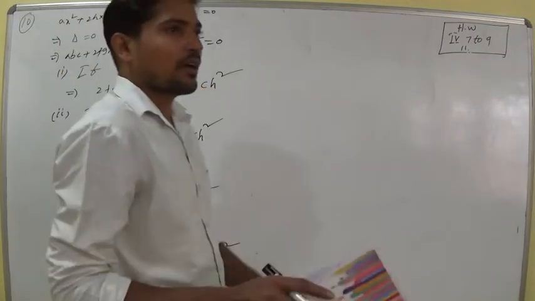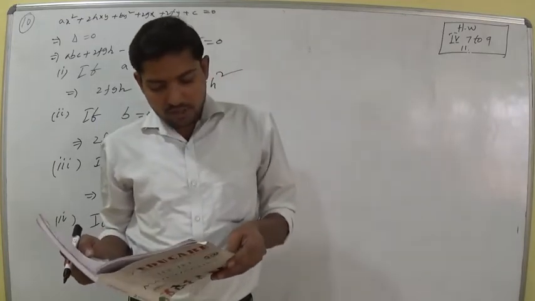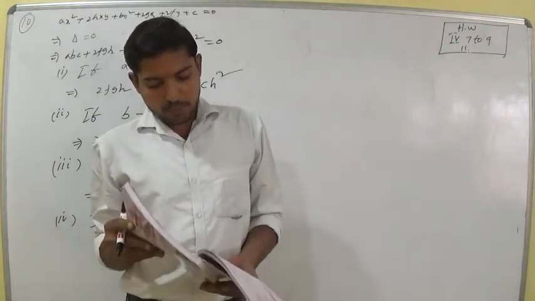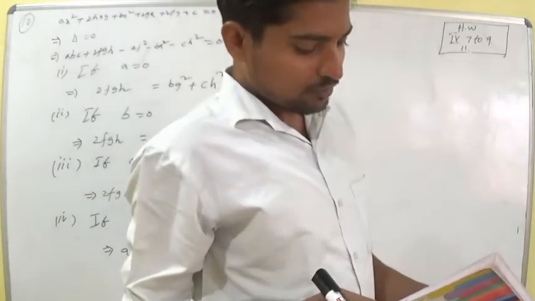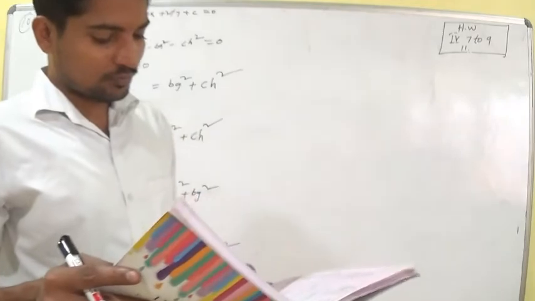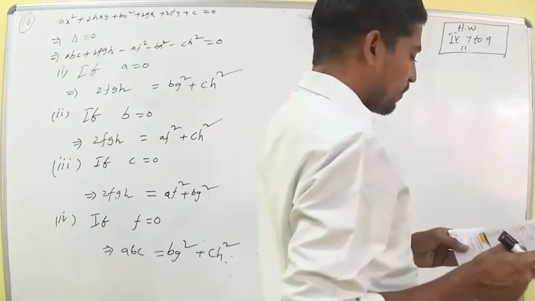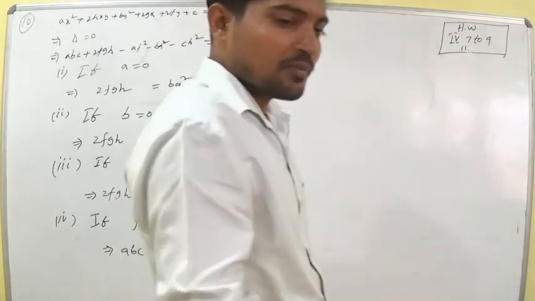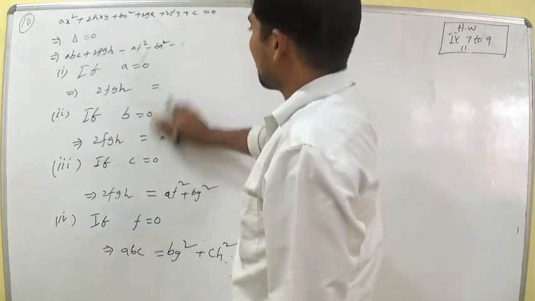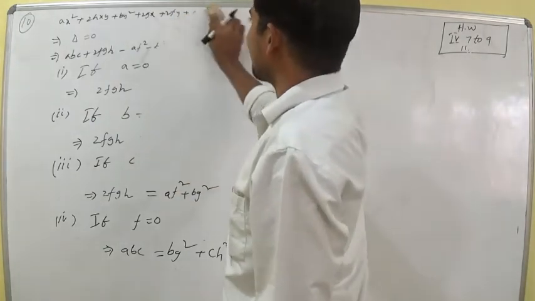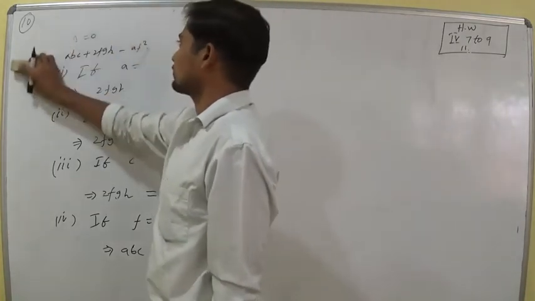11th one. Next, the 12th one: find the value of k if the equation represents a pair of parallel lines. For parallel lines, h square is equal to ab or bg square is equal to af square.